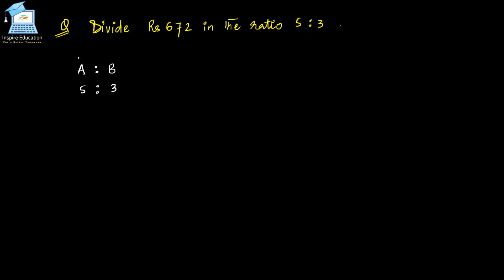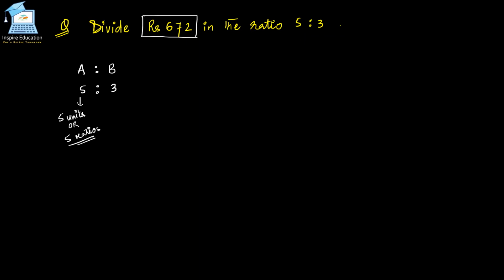Okay, there are 2 persons, A and B. So I'm going to divide rupees 672 between A and B. So A will be getting 5 units. You can say 5 units, or you can say 5 ratios, anything you can call it.